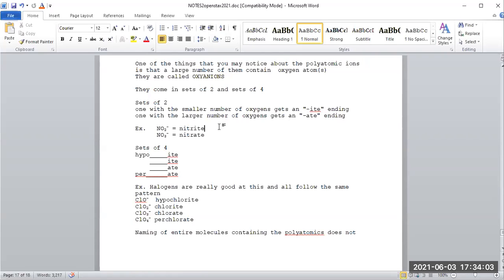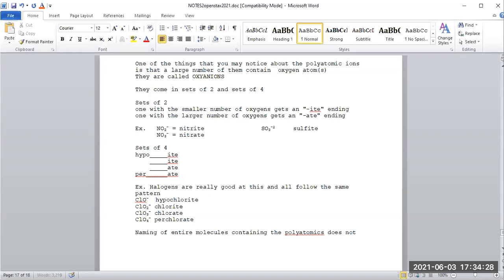And let me add this in here, because then there's actually more to this. Look from the one above. SO3 minus 2 gets known as sulfite.